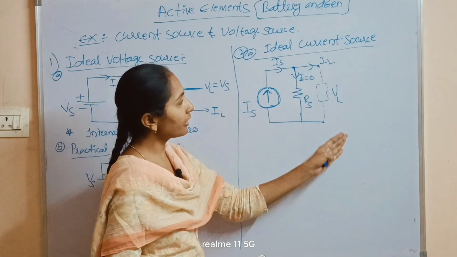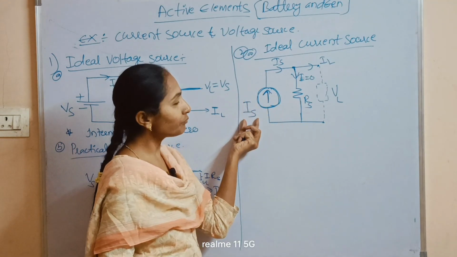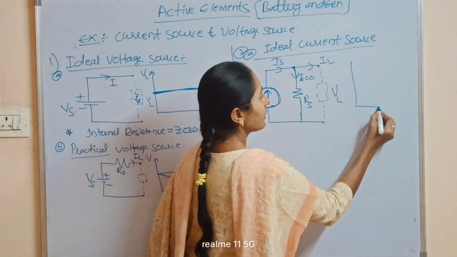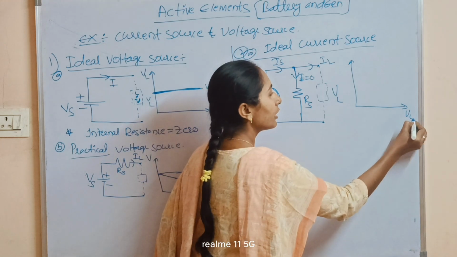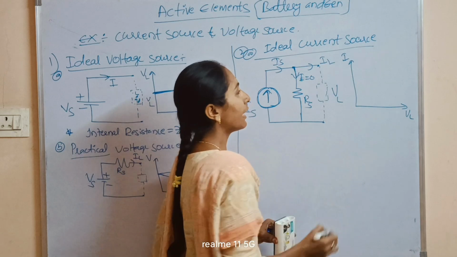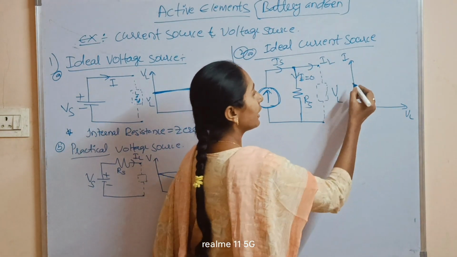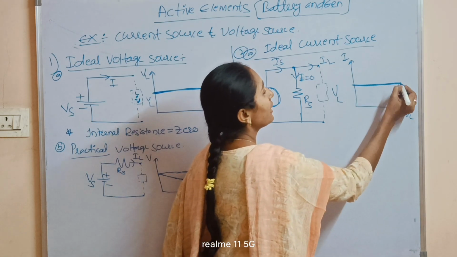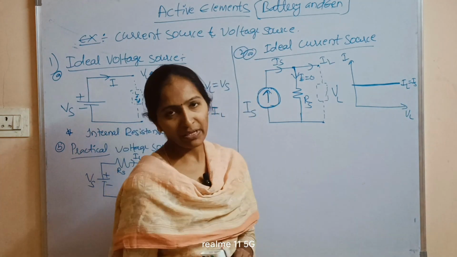At the load terminals, irrespective of change in the voltage, there is no change in the current. So on the x-axis I am considering the load terminal voltage, and on the y-axis the current. If we change the load voltage, the current is exactly constant, that is IL equal to source current IS.